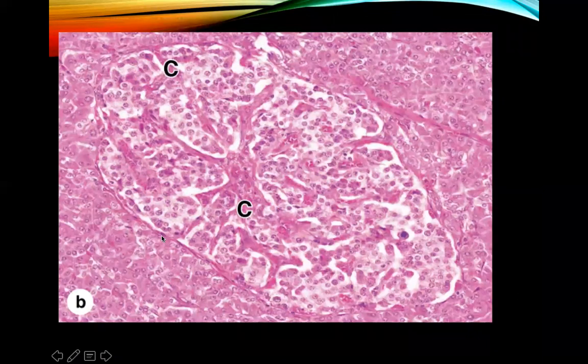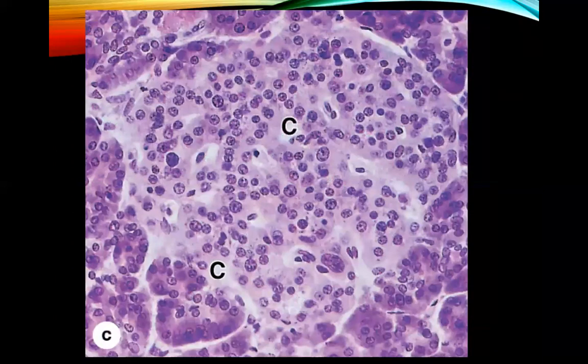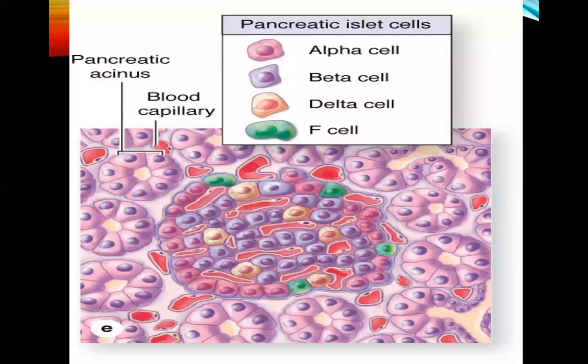Okay, this is an illustration in Junqueira where we can see islets of Langerhans. Also islets of Langerhans. Okay, in this picture, as mentioned a while ago, alpha cells secreting glucagon are located in the periphery. But the most numerous are your beta cells.